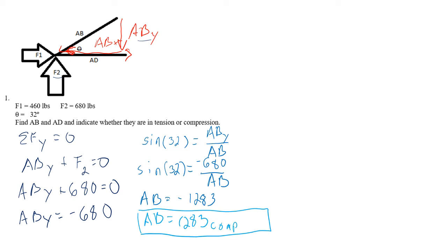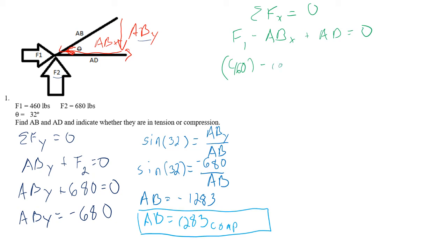Now we're going to do the forces in the x direction to solve for AD. So in the x direction, we have summation of forces in the x equals 0. So we have F1, which is positive because it's going to the right, minus ABX, because that's going to the left now that we switched it, and then plus AD equals 0. So F1 is 460 minus ABX, and to solve for ABX, we're going to use cosine since it's adjacent.